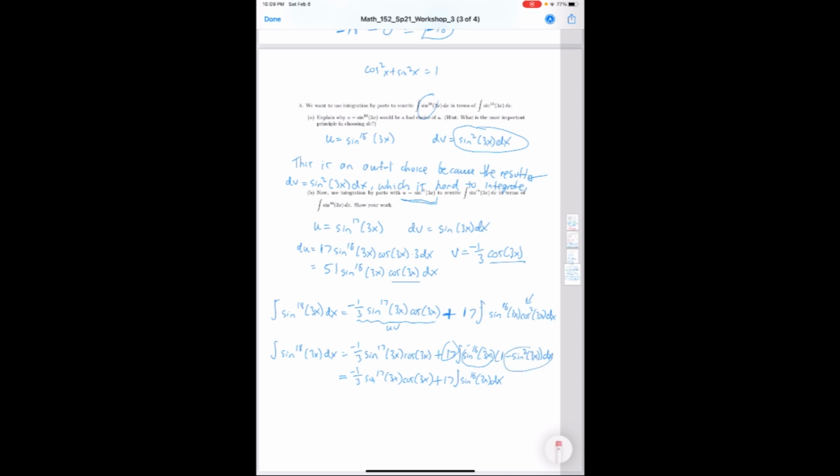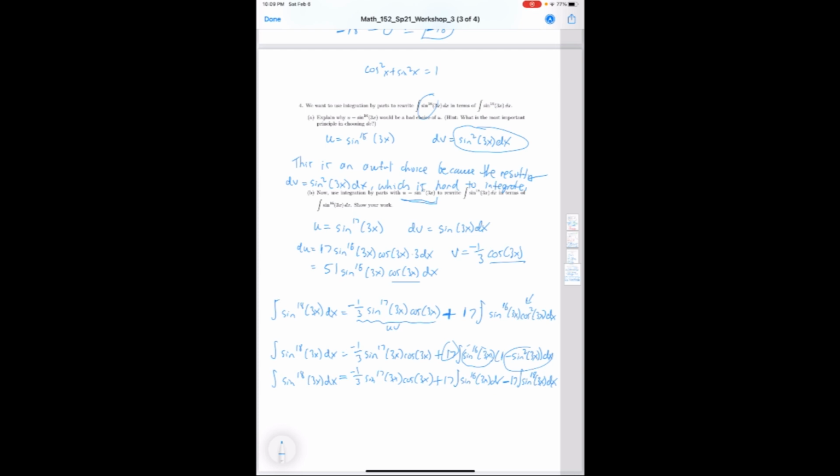So that's going to be minus 17 integral of sine to the 16th times sine squared, which gives us sine to the 18th 3x dx. And note that I now have sine to the 18th 3x dx on both sides of the equation.